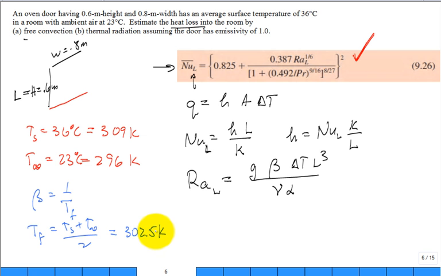302.5 Kelvin. Not nice. You have to interpolate to get your properties because beta is just 1 over 302.5 Kelvin, but the nu and the alpha are harder to get.